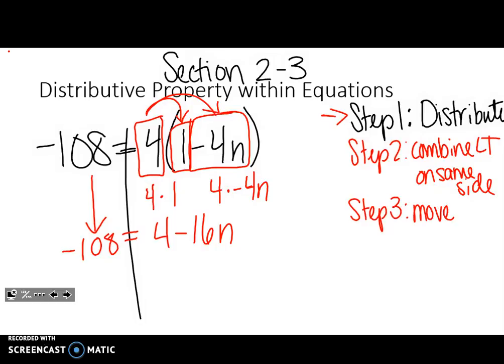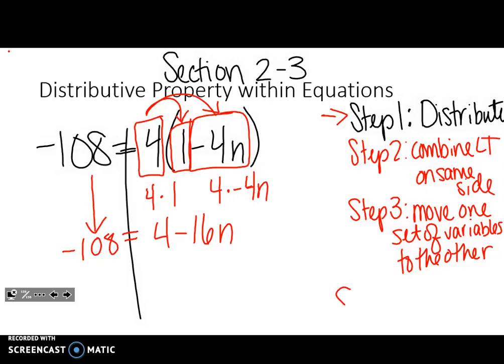Step 3 is going to be to move one set of variables to the other side. In this math problem, we only have variables on one side, so we're going to skip step 3 also. Step 4 is going to be to solve our 2-step equation, which is what we have right now.